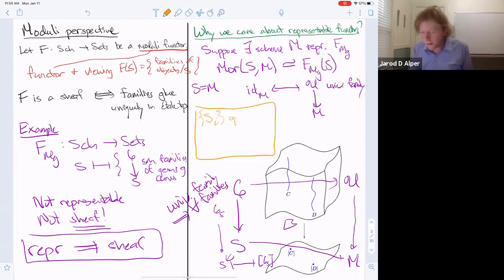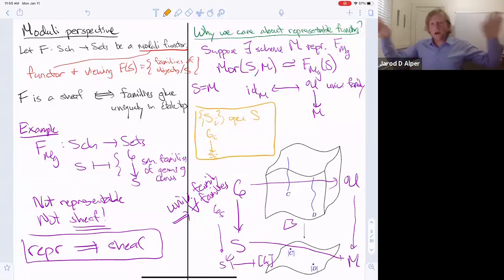It's an open covering of some scheme S, and suppose you have a family of curves over each Si, and then suppose that they agree on their intersections, in the sense that if you pull them back to Si cross Sj, then those families of curves are isomorphic. But that's all you know, that there exists an isomorphism. It's not specified.